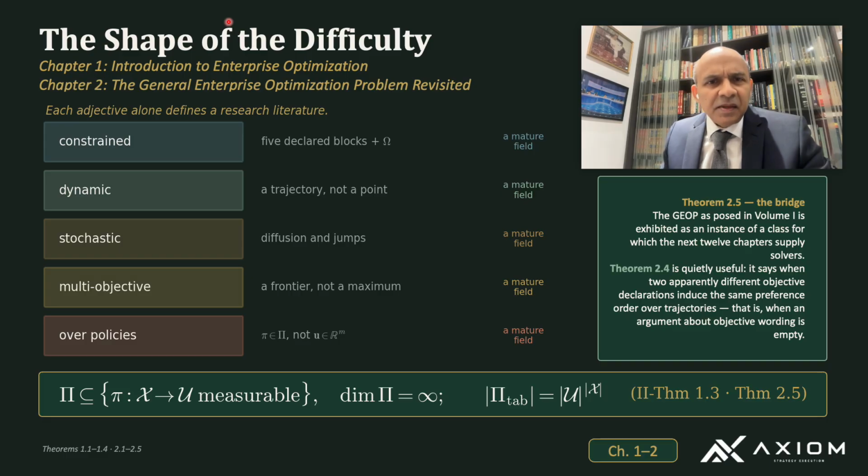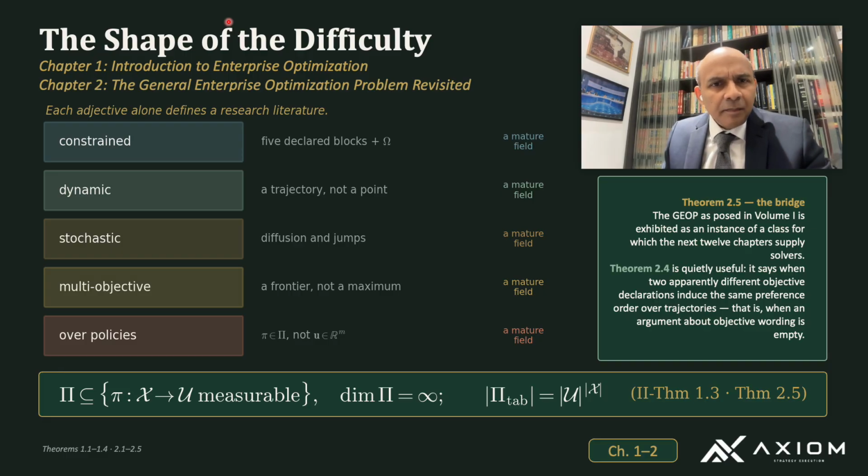Theorem 1.3 characterizes the decision space. Enterprise decision spaces combine continuous, discrete, and policy choices. Discrete decisions destroy convexity and create exponential computational growth, while policy choices can make the problem function valued and potentially infinite dimensional.